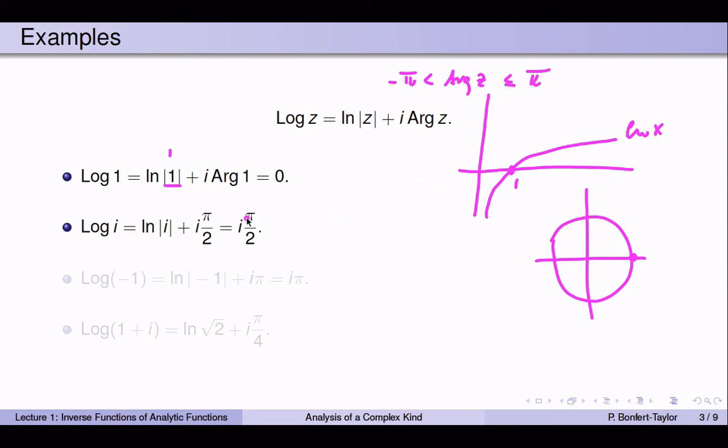Let's look at another example. What is the logarithm of I? I is this number right here. Again, we need to find its distance from the origin, which again is 1, plus I times its argument. The argument here is pi over 2. So the logarithm of I is the natural logarithm of 1, which is 0, plus I pi over 2. So just I pi over 2.